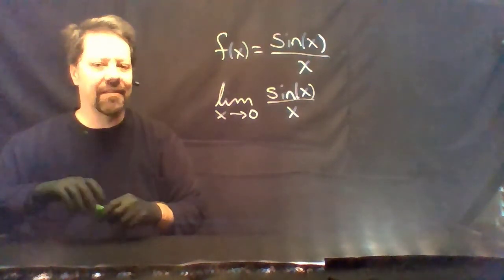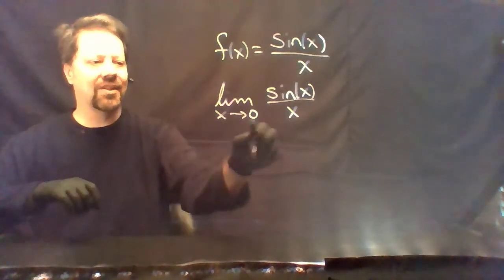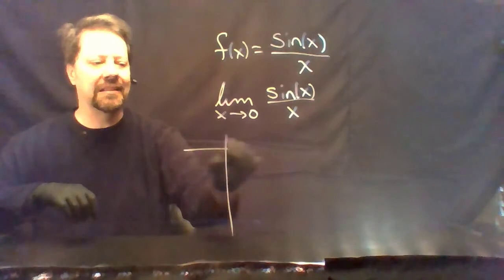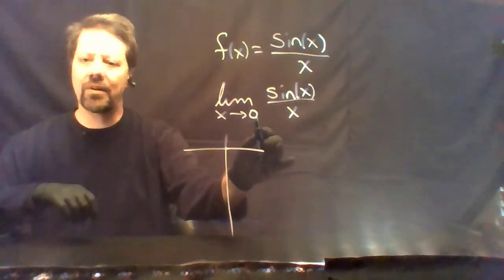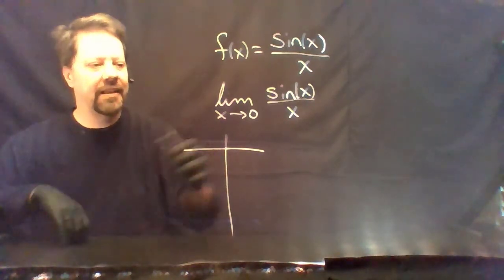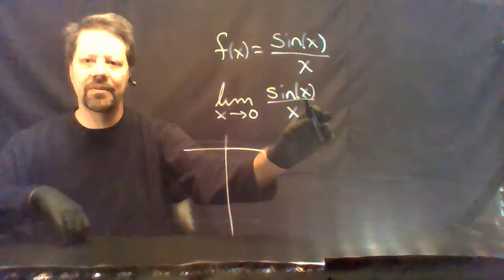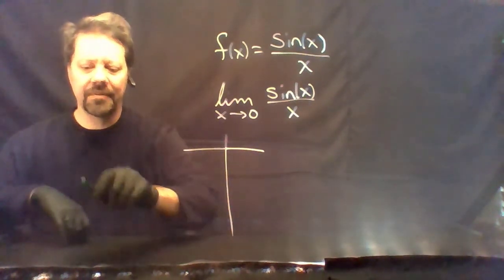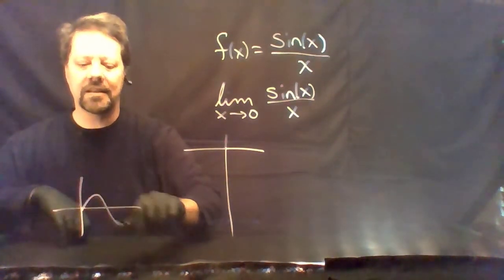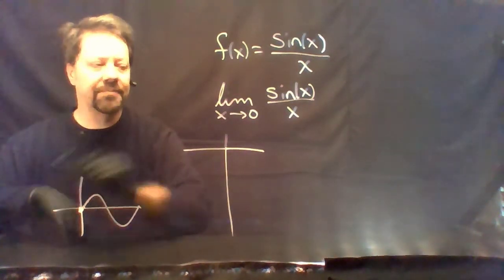What you can try, though, is get an idea of what this function does in the limit as x goes to 0 by plugging numbers in, x values that are close to 0, but not equal to 0. If you plug x equals 0 in, sine of 0 is 0. The sine function looks like this. As you approach 0, you get 0.